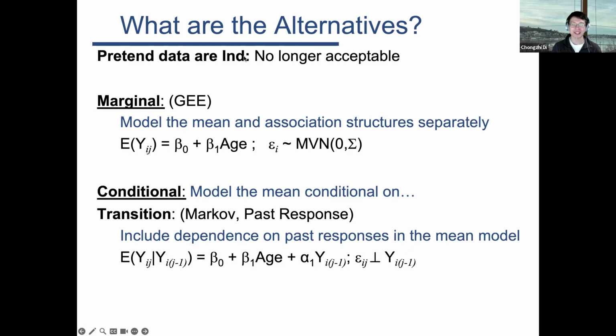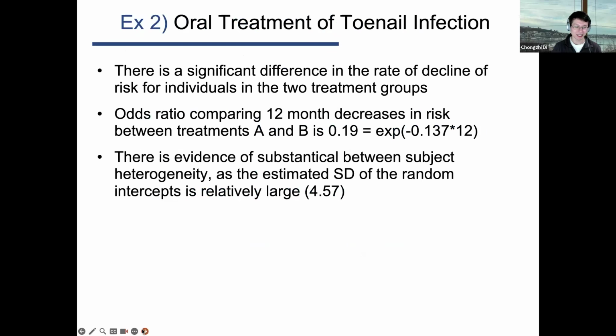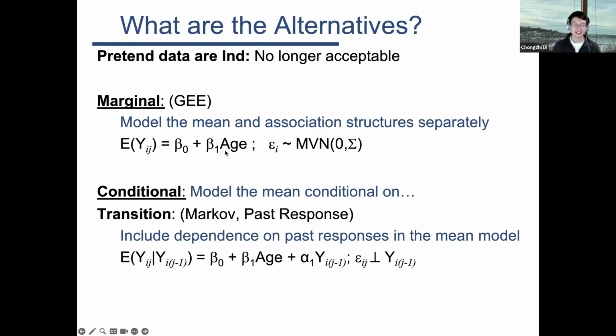Hopefully I convinced you that that's not acceptable, because if you ignore the correlation, a lot of times you simply get the wrong conclusions. Even if sometimes you still get the correct estimates, your standard errors might be wrong, and you're not really using the data efficiently.